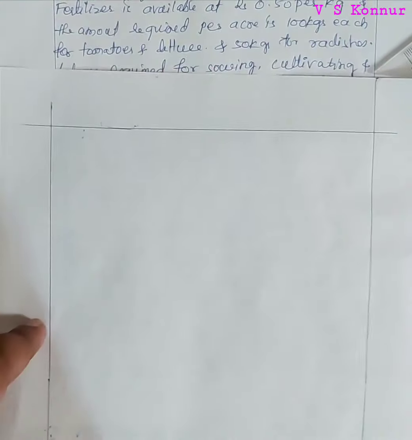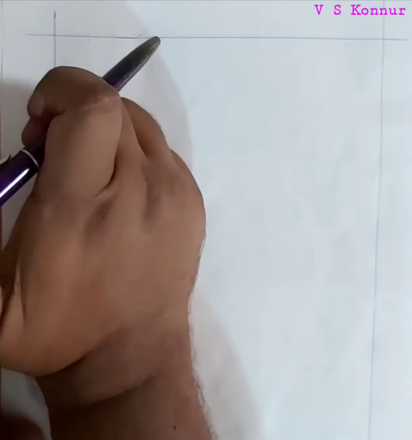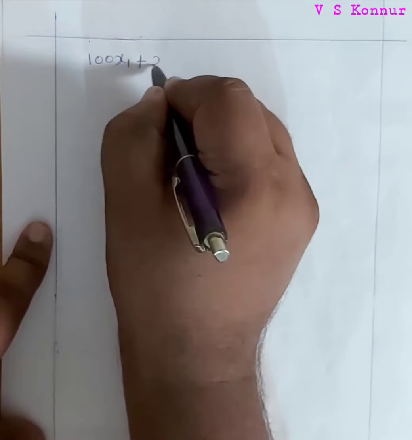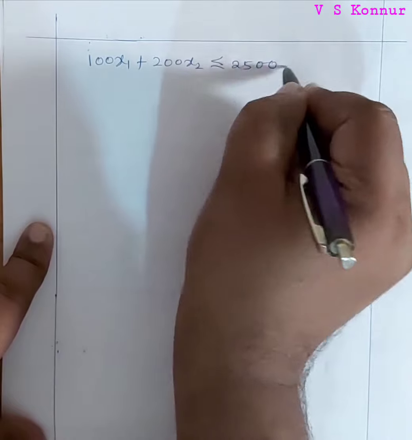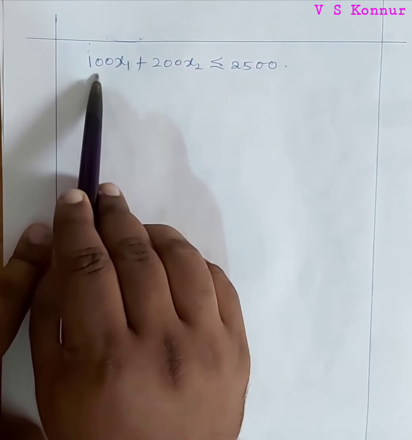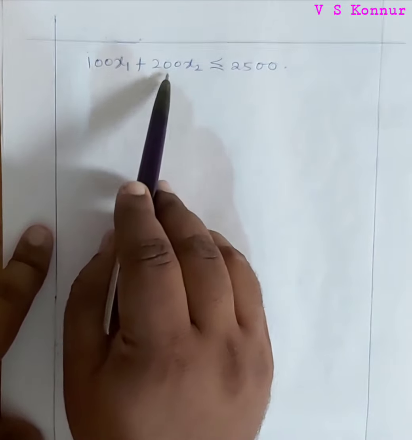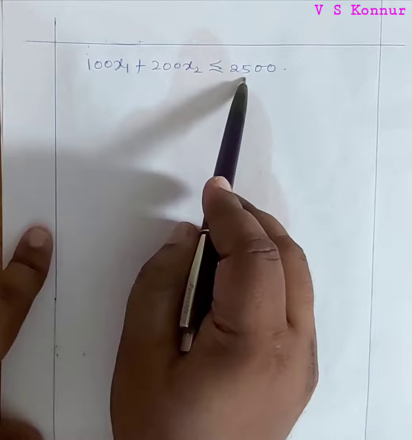The first constraint: 100x1 plus 200x2 less than or equal to 2500. He can buy an old hen at 100 and a young hen at 200, and he has 2500 rupees.